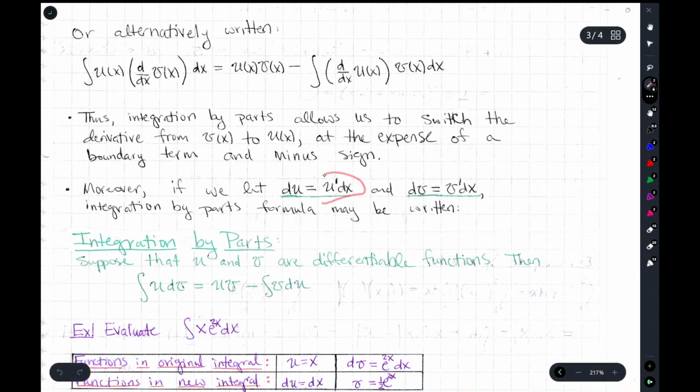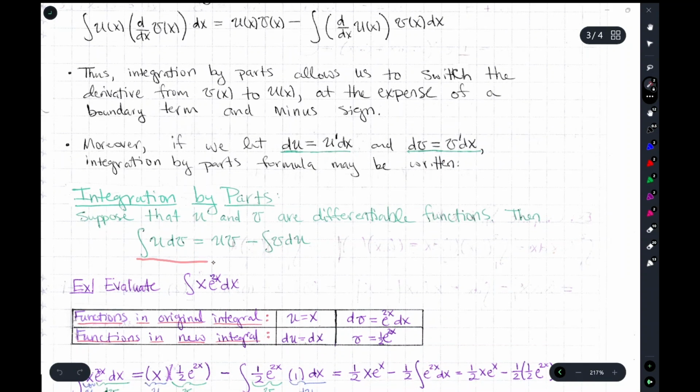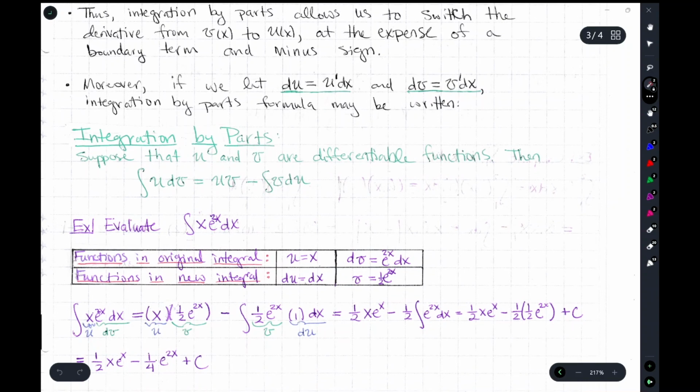If we write u prime dx as du and v prime dx as dv, then here's how integration by parts would look. Integral of u dv is equal to uv minus integral of v du, okay? And that's just rewriting the expression in another form. Nothing substantial is going on there.